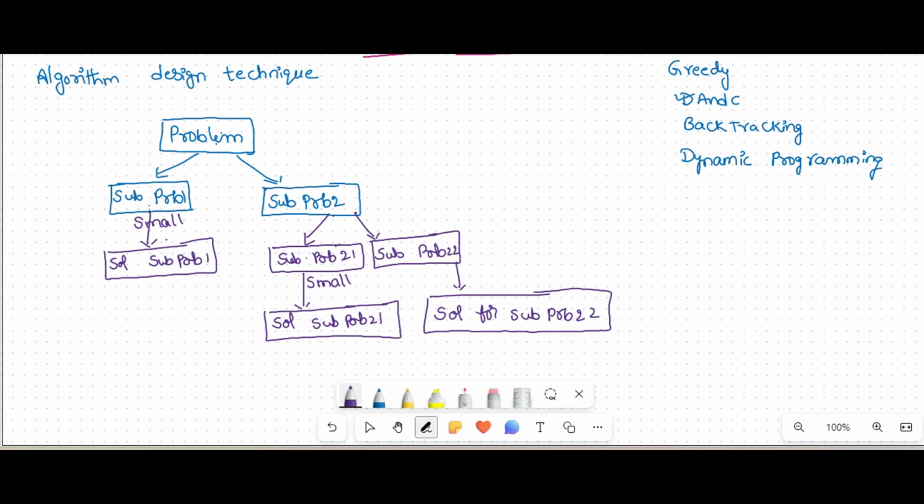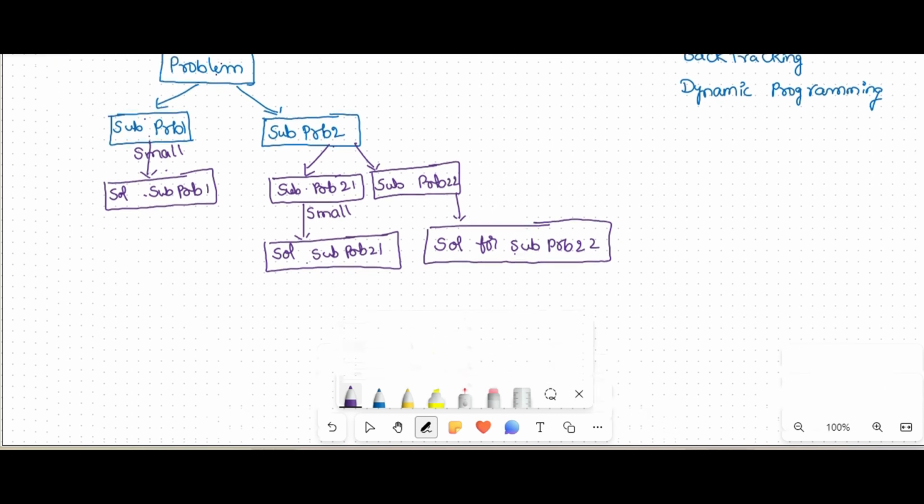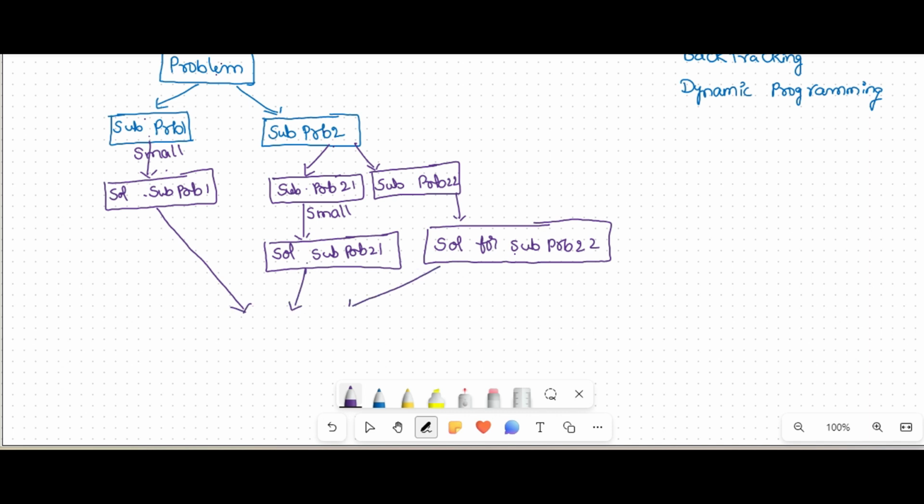Then, if the sub-problem is small, find the solution for it. Finally, all these sub-problem solutions we have to combine to get the final solution.